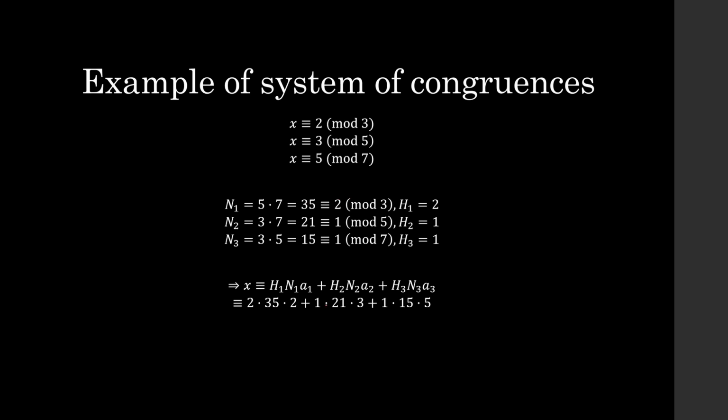Plus 1 times 21 times 3 plus 1 times 15 times 5. Okay? And so if you do all those computations, you get 278, and that's going to be congruent to 68 mod 105. And so that's exactly our solution. Any integer which is congruent to 68 mod 105 is going to be a solution to our whole system.